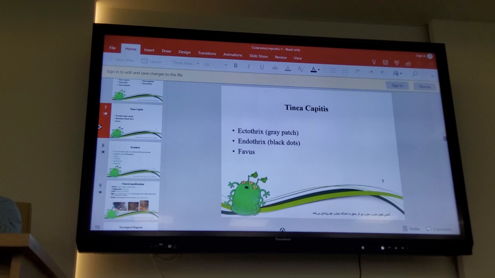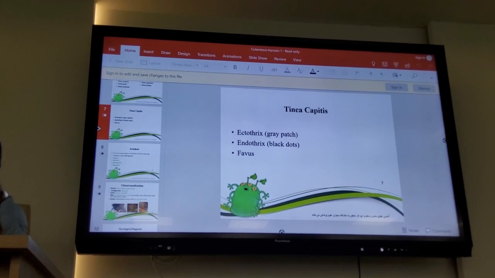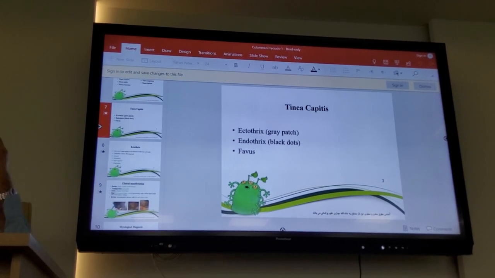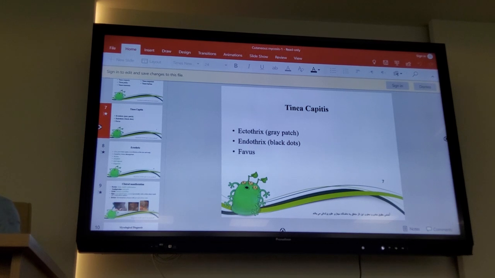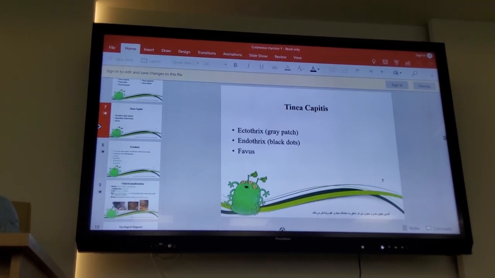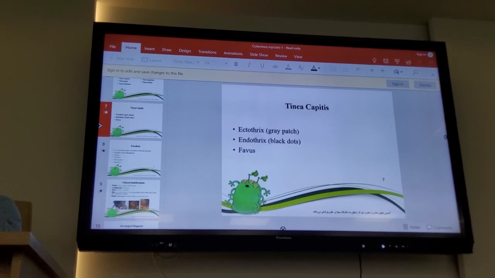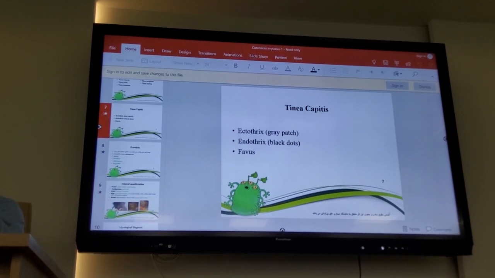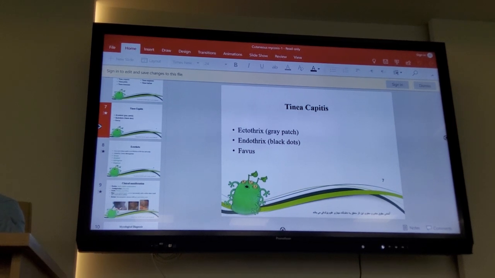Do you know what alopecia means? Alopecia means lost hair, missing hair. When the patient loses hair, the remaining skin shows alopecia. All of them, ecto, endo, favus, have one common clinical sign: alopecia, or losing the hair. It is common in the three shapes.